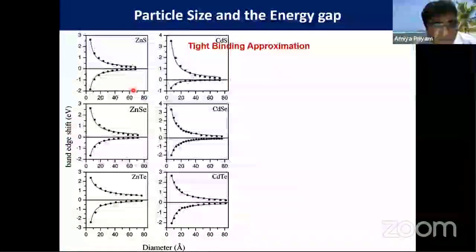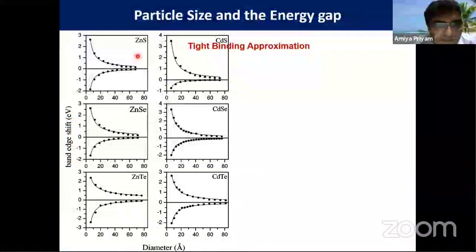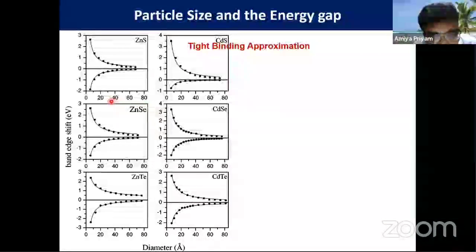These are the works by Professor Dipankar Das Sarma from IISc Bangalore, reported in Physical Review B. On the y-axis you are seeing the band edge shift. We have the conduction band edge and the valence band edge, and the edge to edge difference gives you the band gap. On the x-axis, in angstroms, is the diameter of the nanocrystals.